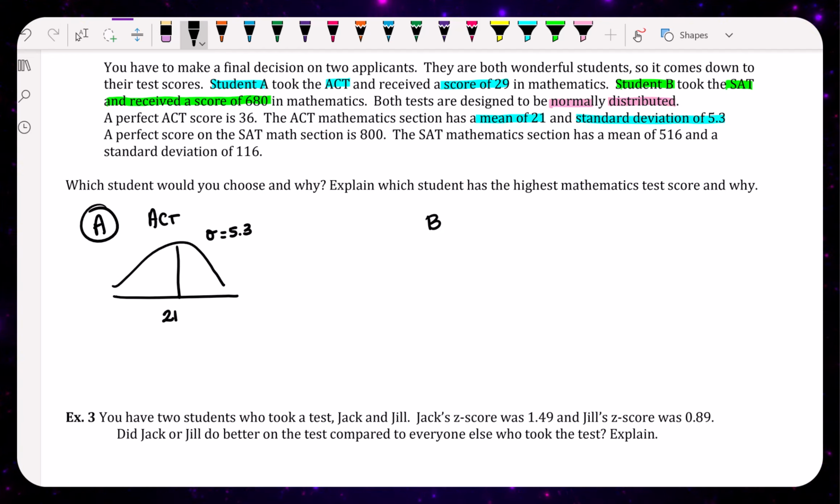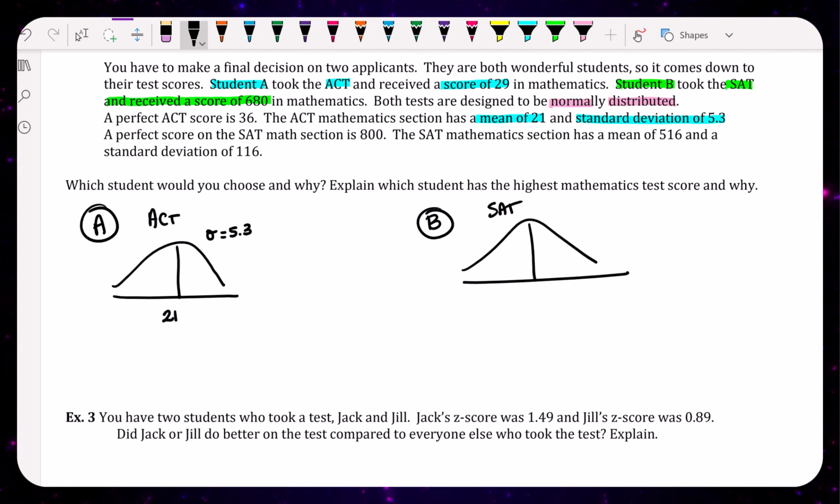Now, student B took the SAT, and it is also normally distributed, and the mean of the SAT was 516 with a standard deviation of 116. So much larger variance in this case. So 516 and the standard deviation is 116.